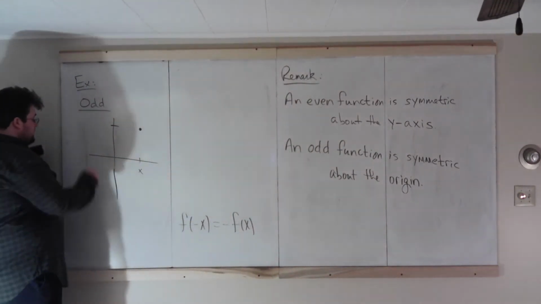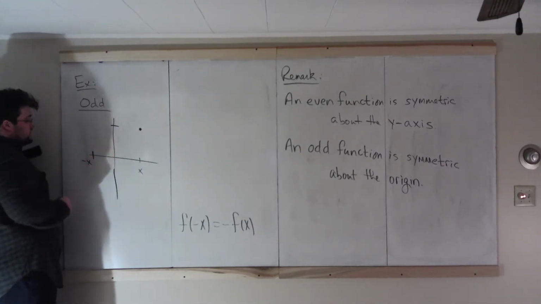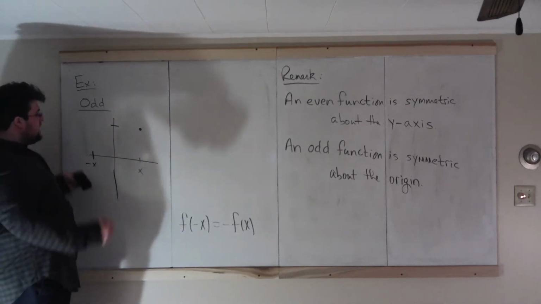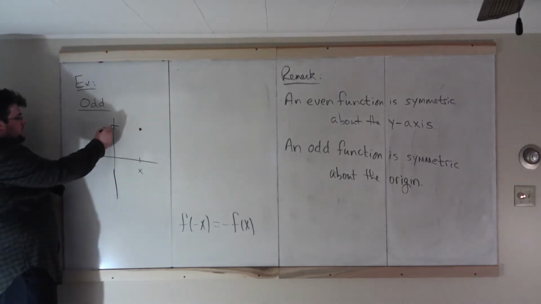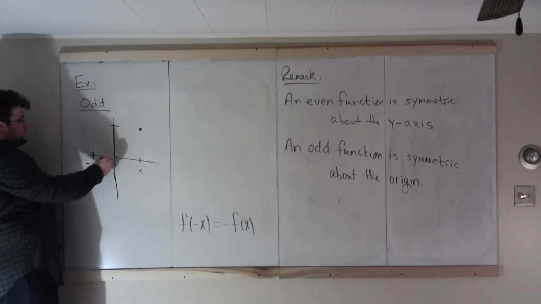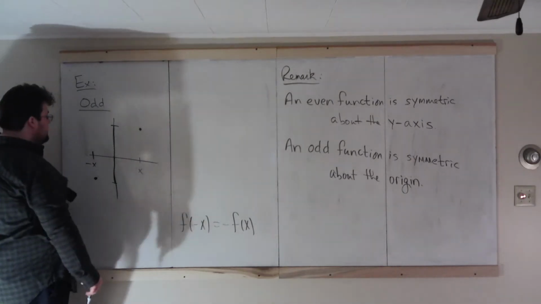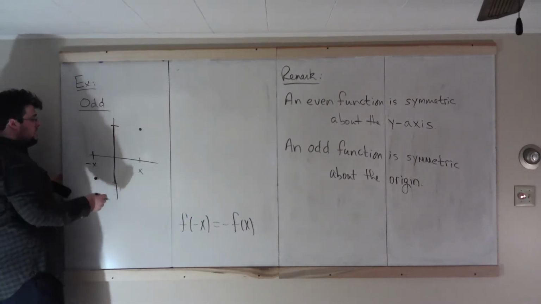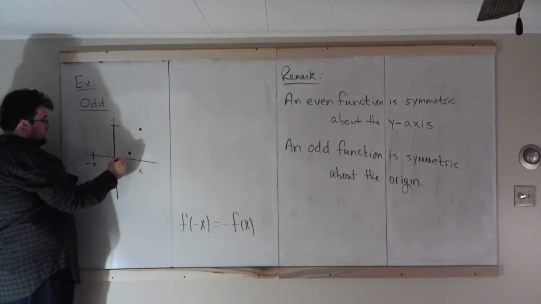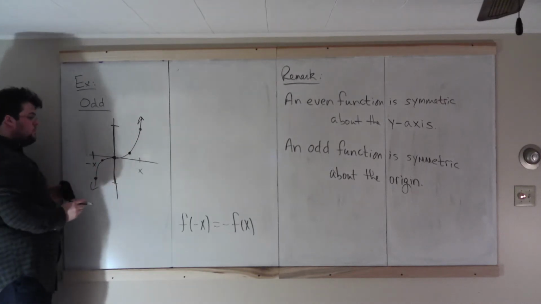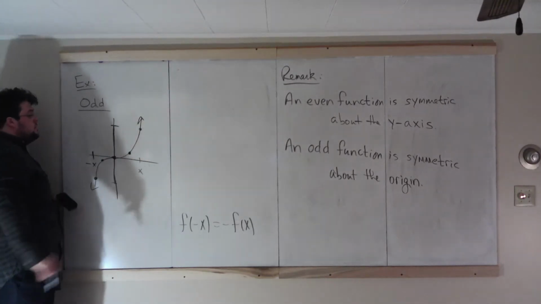F of negative x, so here's negative x, equals the negative of that y value. Well, this y value is that much. The negative of that y value is that much going down. So anything that exists up here is going to exist down here in the third quadrant, like that. So if we have that there, that would be there, and similarly it could go through the origin. And an odd function would be symmetric about the origin, like that.